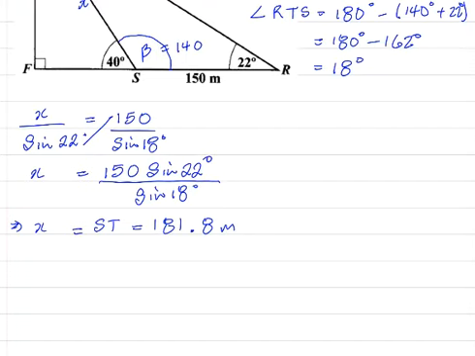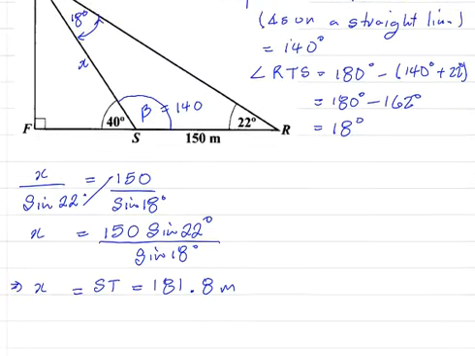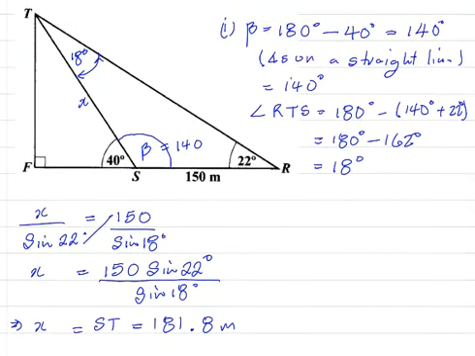Next, we're asked to find the height of the tower, FT. So the last thing we have to do is to find the height of the tower FT. I'm going to call it Y. We just found X, which is 181.8 meters. Y is opposite to the 40 degrees, and X is the hypotenuse.